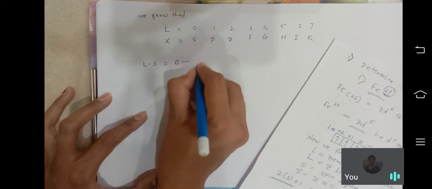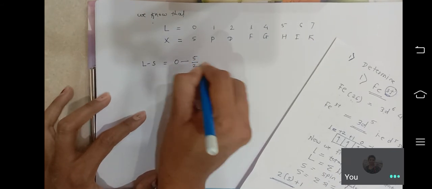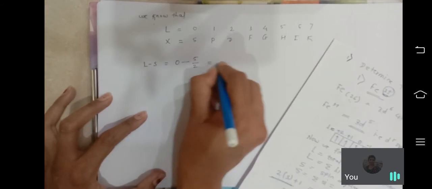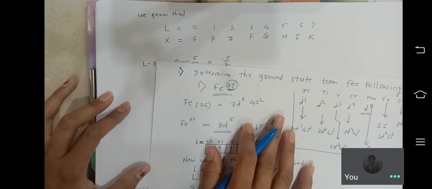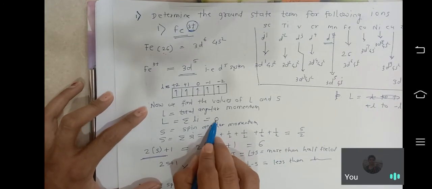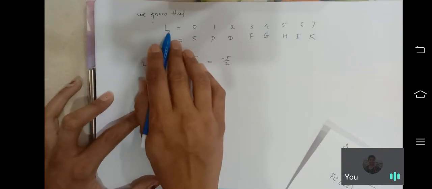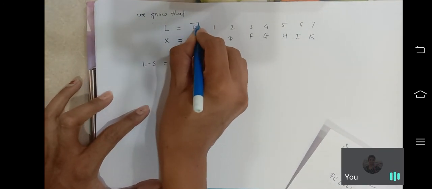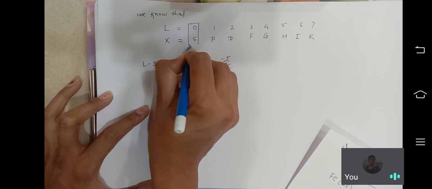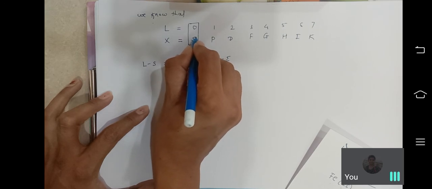So write down 5 by 2. That means the value here is minus 5 by 2. See here, the value of L is 0. So you bracket that term and we get S.